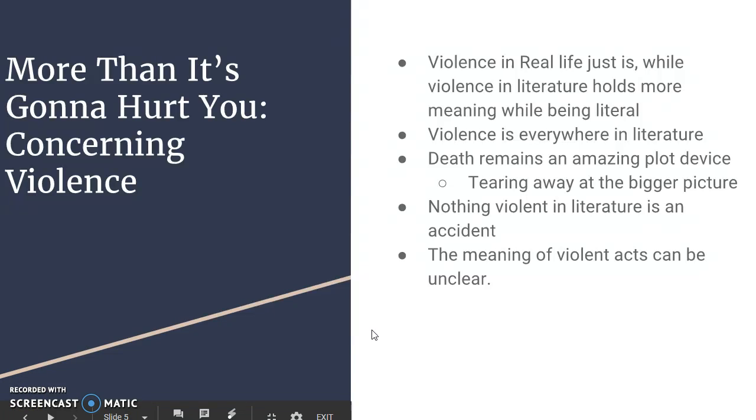And this is shown throughout both chapters 10 and 11 with many examples of how death serves a purpose in making the plot deeper.